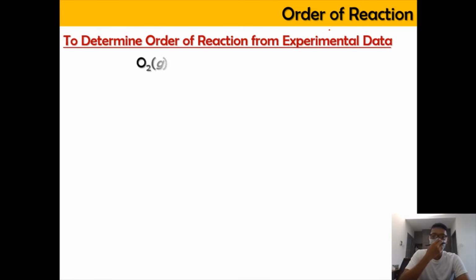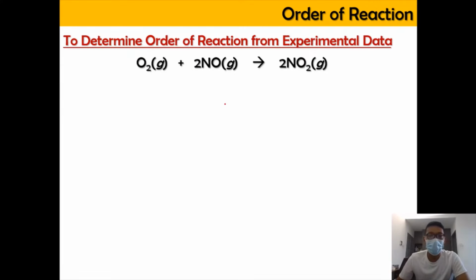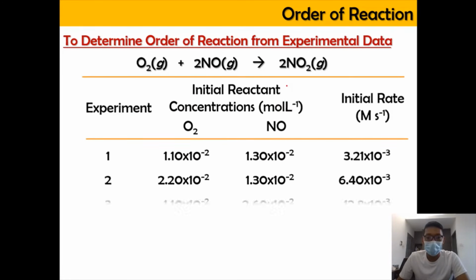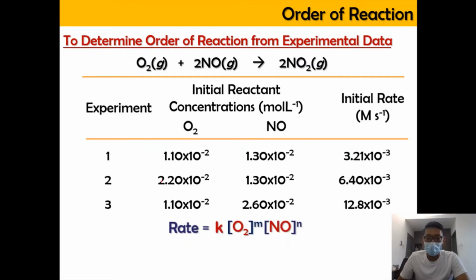Alright, so let's say we have the reaction between oxygen gas and nitrogen monoxide to get 2 moles of nitrogen dioxide, and this is the experimental data. So we did experiments 1, 2, and 3 respectively. And we know that the rate law is going to be rate equals k, the rate constant, times the concentration of the reactant O2 to the power of m, which is unknown, and NO to the power of n, which is also unknown.